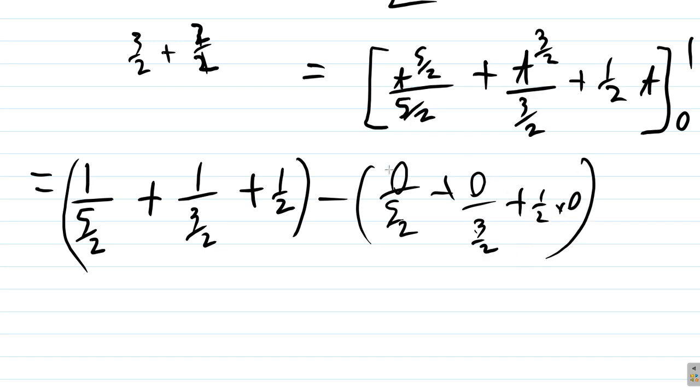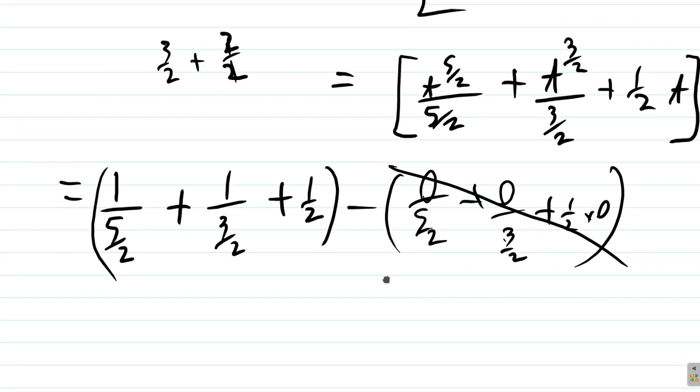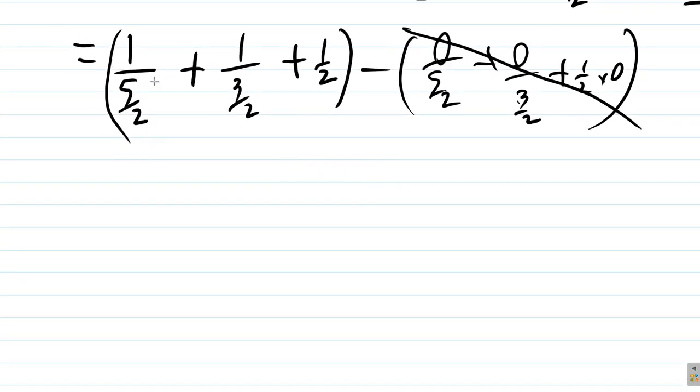So all of this will amount to 0. That's gone. Now, 1 over 5 over 2 is the same as 2/5. Alright?